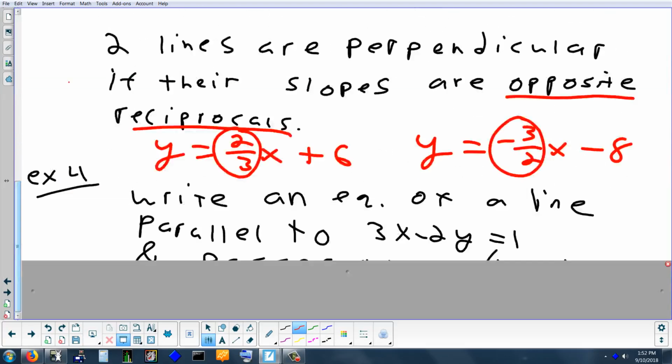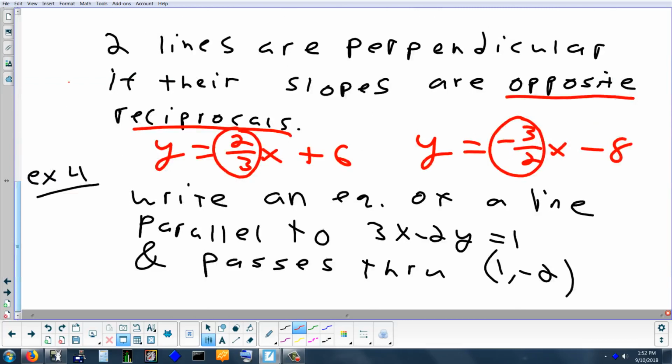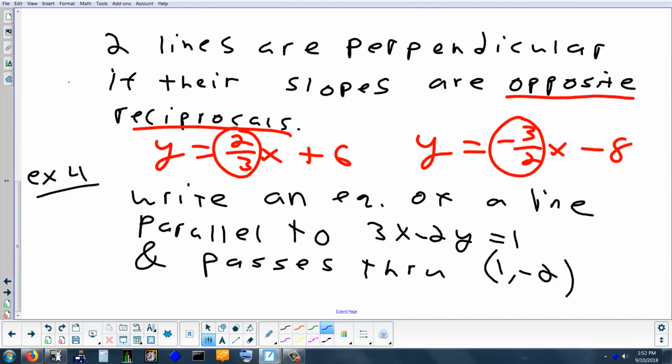So, a problem you might see is something like this. Write an equation of a line that's parallel to this and goes through a certain point. Well, first thing I would have to do is take this and figure out what's the slope there. So I might want to rewrite it in y equals mx plus b. Then once I have the slope, I'll have the m.